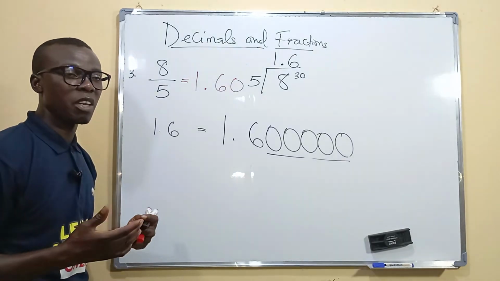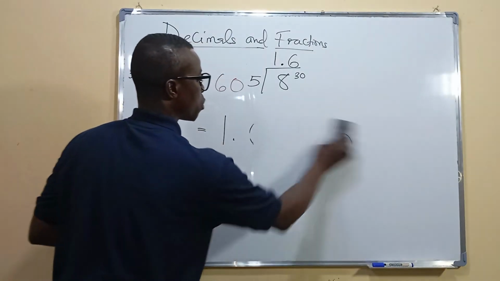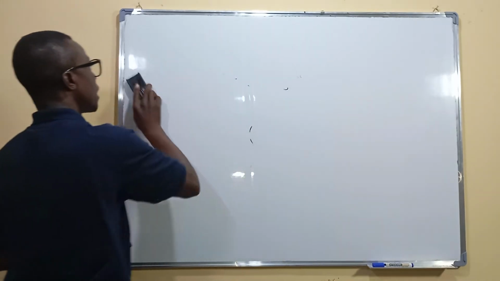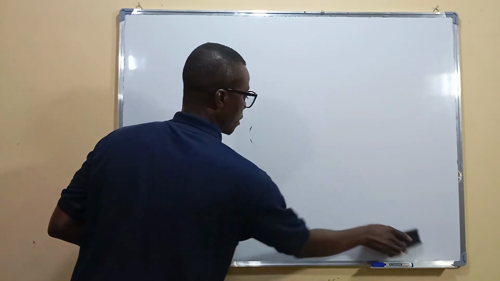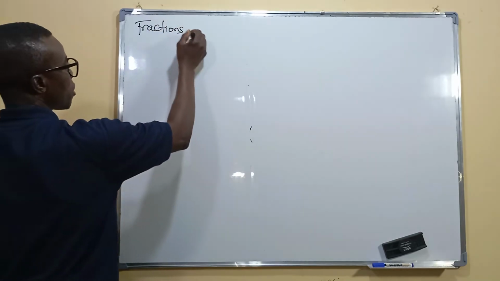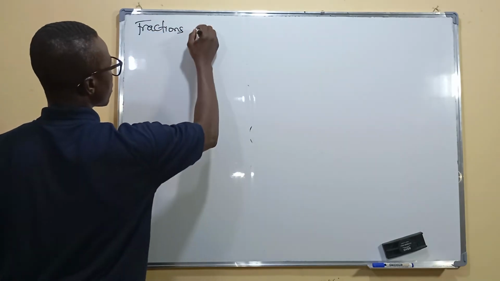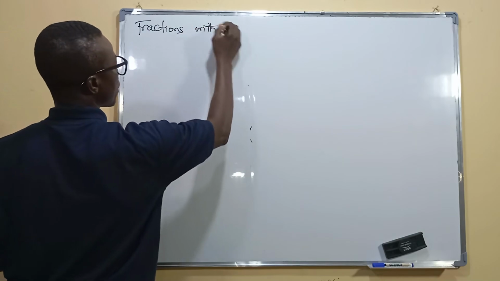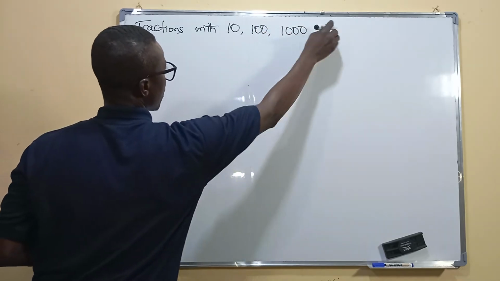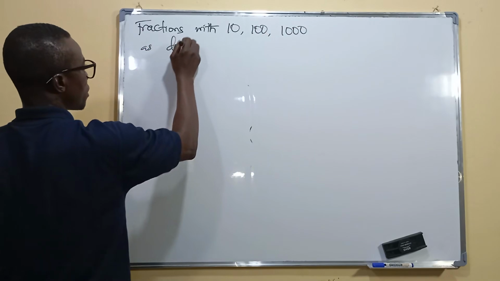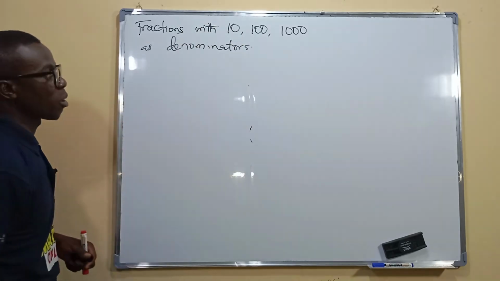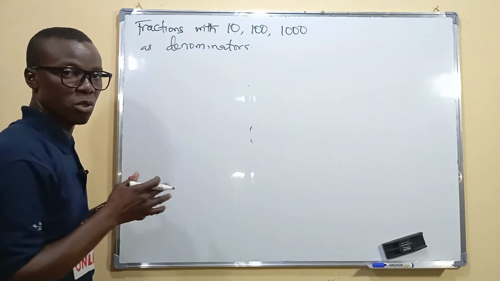Now, I'm going to teach you a trick. Whenever we are dealing with fractions that have to do with 10, 100, and 1,000, that's fractions whose denominators are 10, 100, 1,000, and so on, converting these fractions to decimals is quite easy.